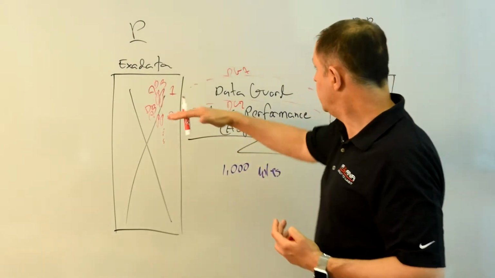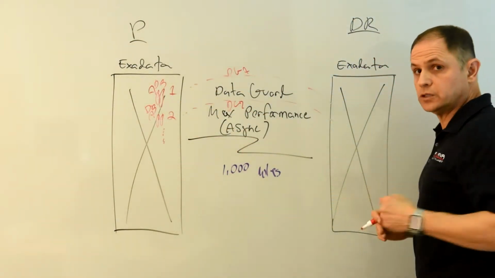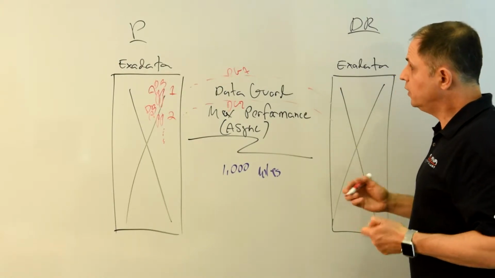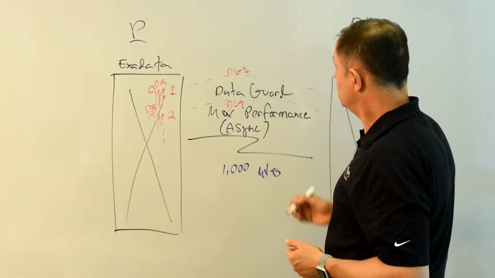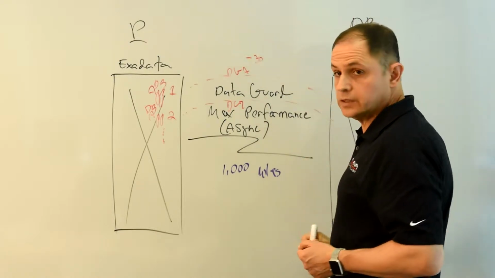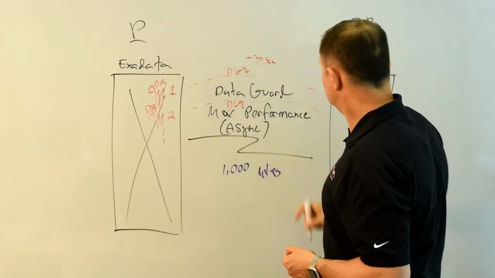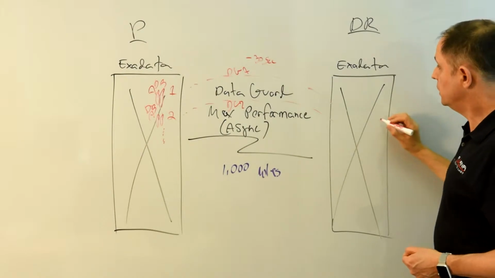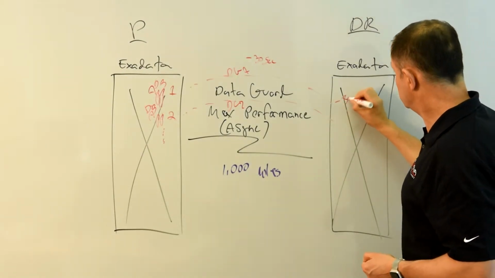So if you have those two or more DataGuard streams, when you have a disaster, let's say this one is minus 30 seconds. The data here is minus 30 seconds.